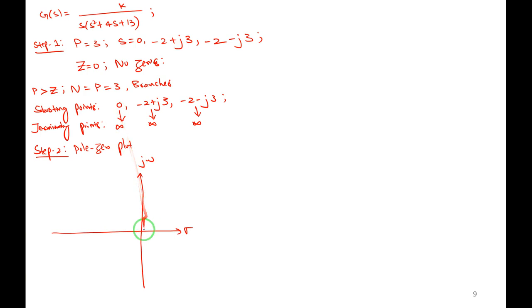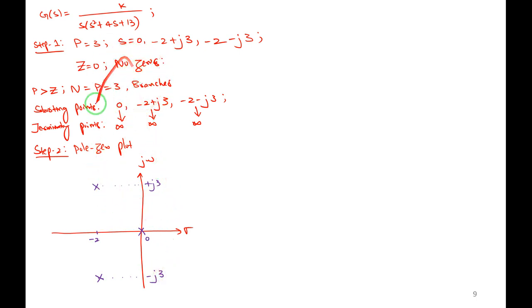At 0 the pole is located, then -2 is here, -2 plus j3 will come somewhere here, and -2 minus j3 somewhere here. We have located all the poles, right?